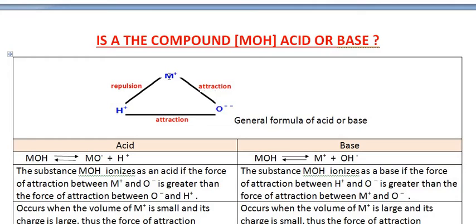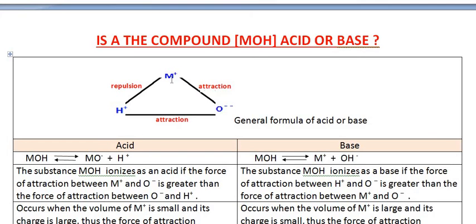If M is a metal, sodium, potassium, and so on, the attraction between the metal ion and the O minus minus is weak, but the attraction between O and H is large. So OH will be together and M will be alone.